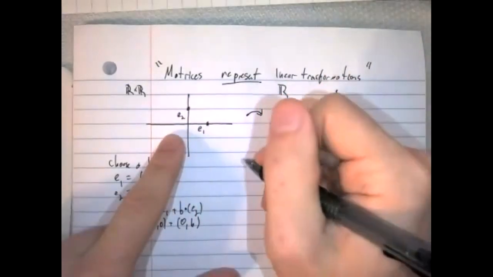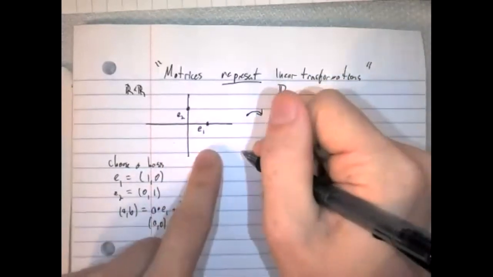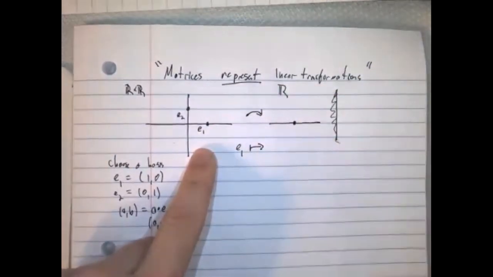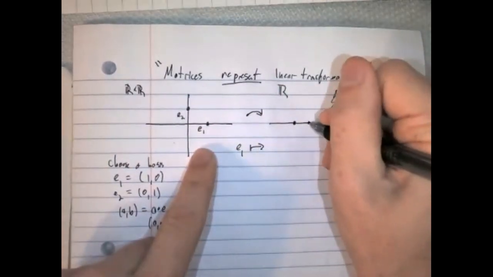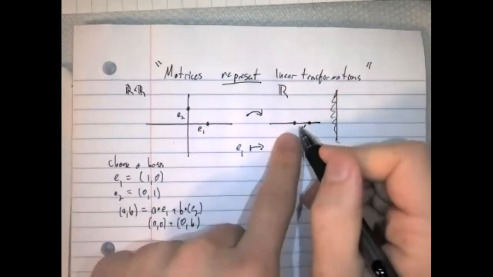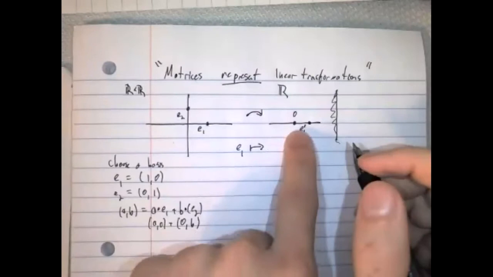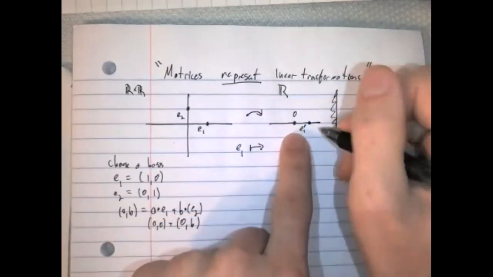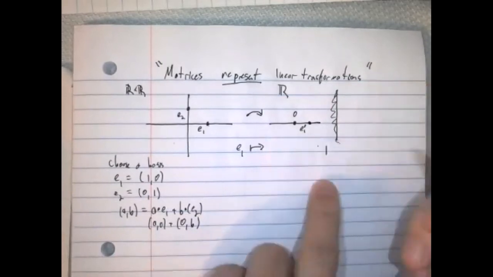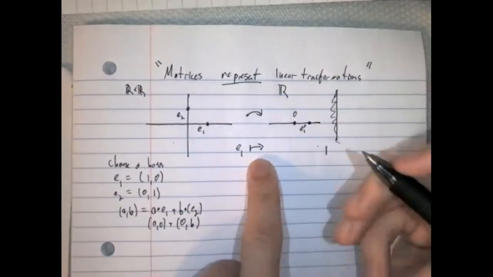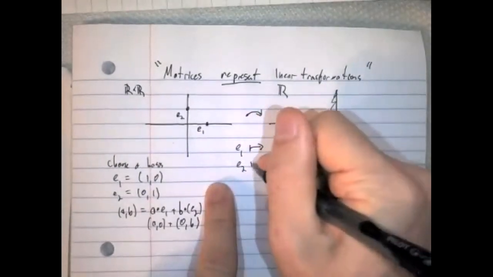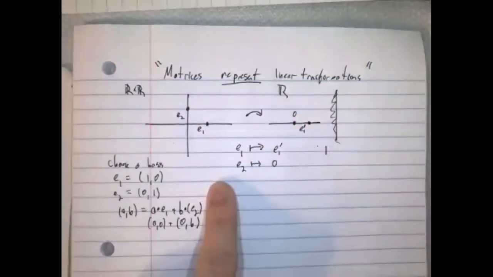So E1 is going to map to E1 prime, which is just the vector 1 in R, and E2 is going to map to 0.